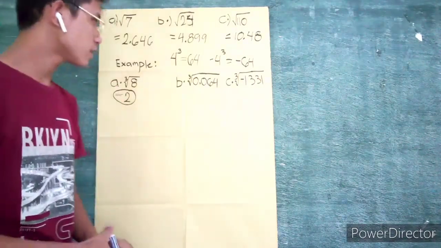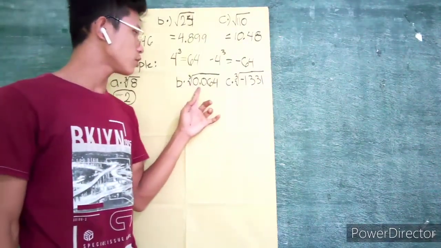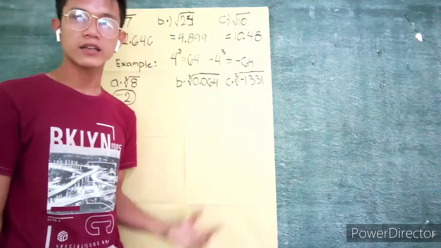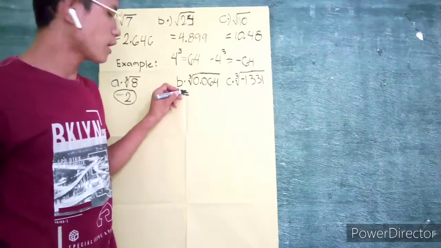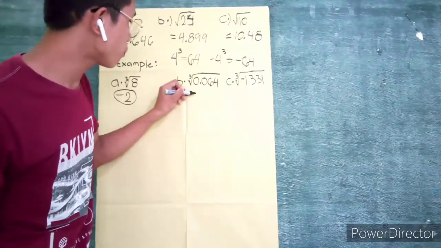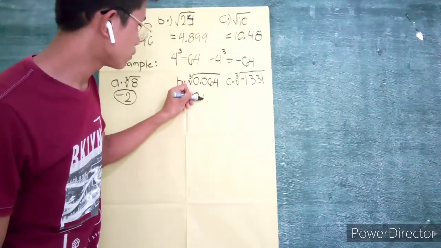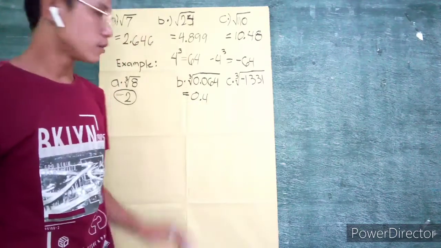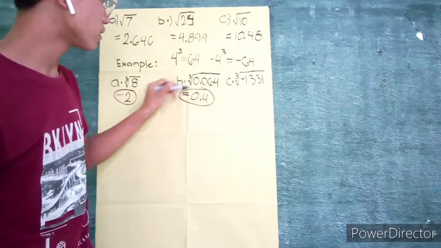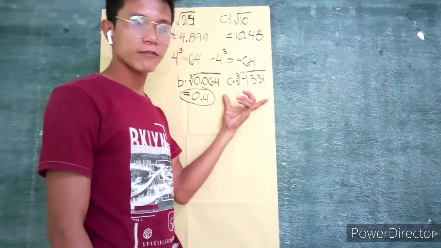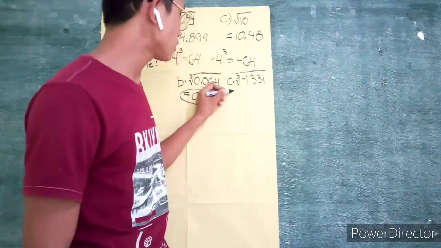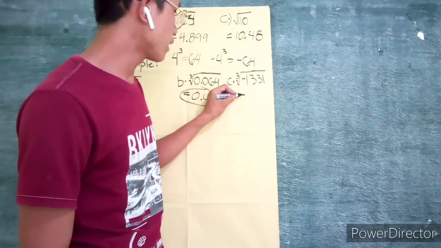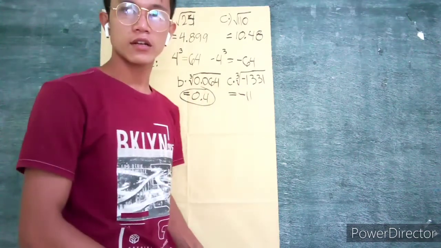Okay, next, cube root of 0.064. Okay, you can solve this using a calculator. Okay, so the answer for this is 0.4. Okay, so that is the final answer. Next, we have cube root of negative 1331. So the answer for this is negative 11. Why?